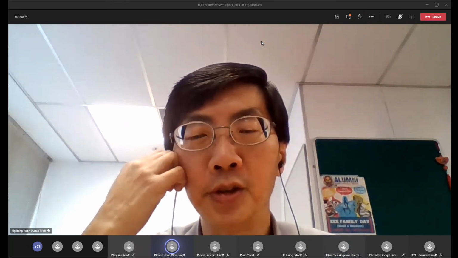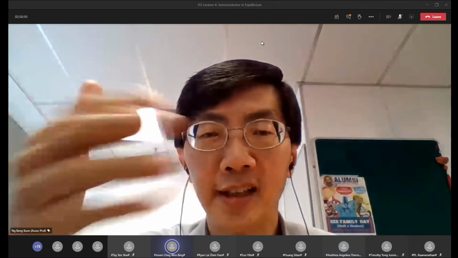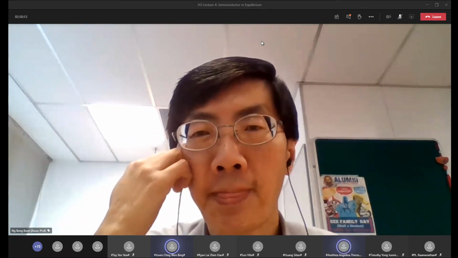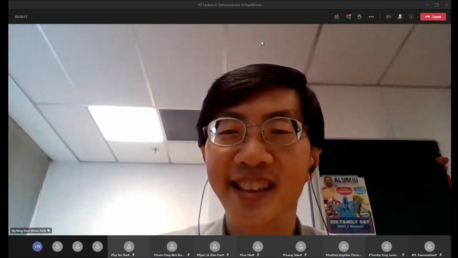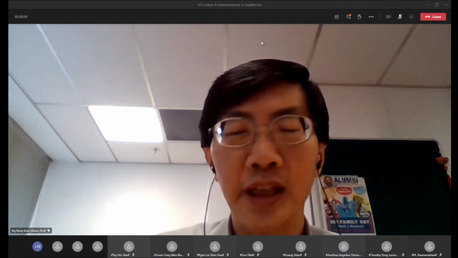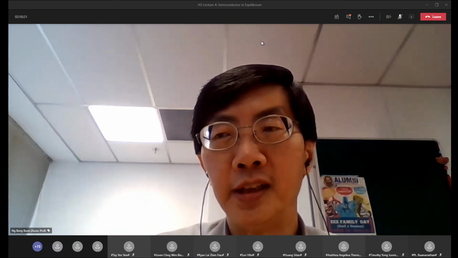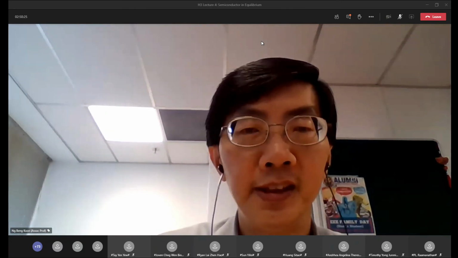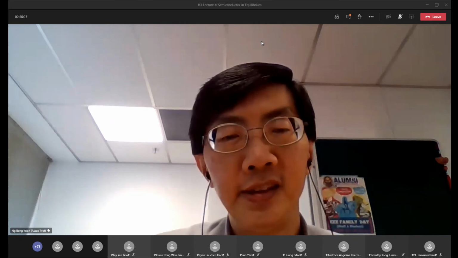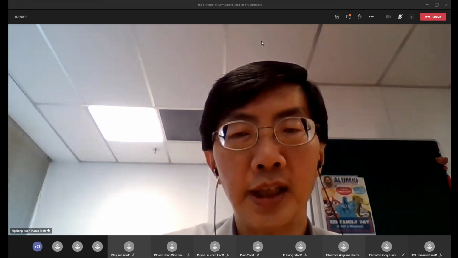And also do remember to go and scan the QR code and sign in as an additional precaution. Unfortunately, this is something that MOE requires us to do, to make sure that you do attend, because if you don't make a certain percentage of attendance, MOE can bar you from taking the exam, right? So do pay attention to that.